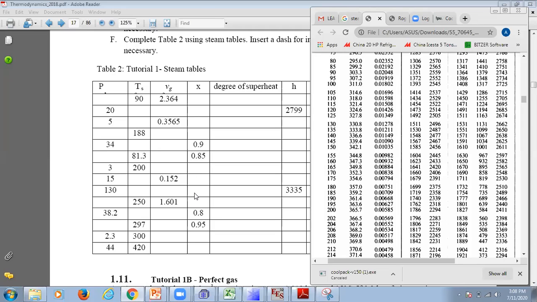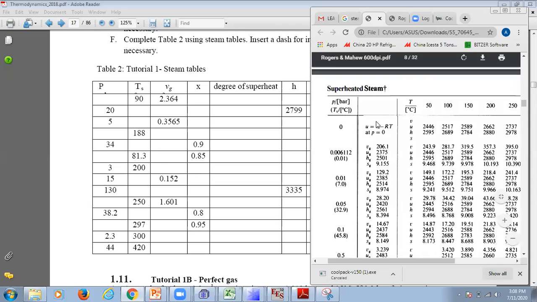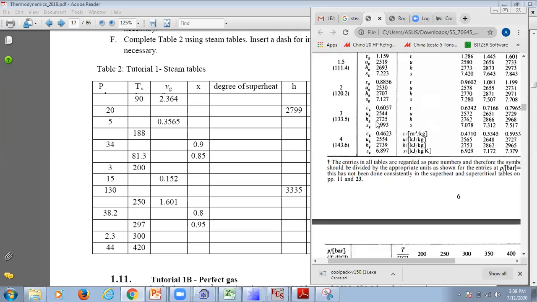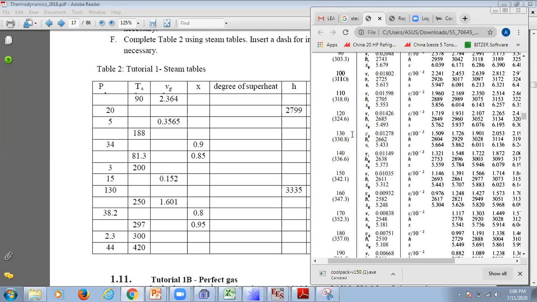Now you have to look for Vg and T. At 130, Vg means superheated. So you know that you have to go to superheated, pressure 130. To browse this, 130 is here. H is 3335 at 130.